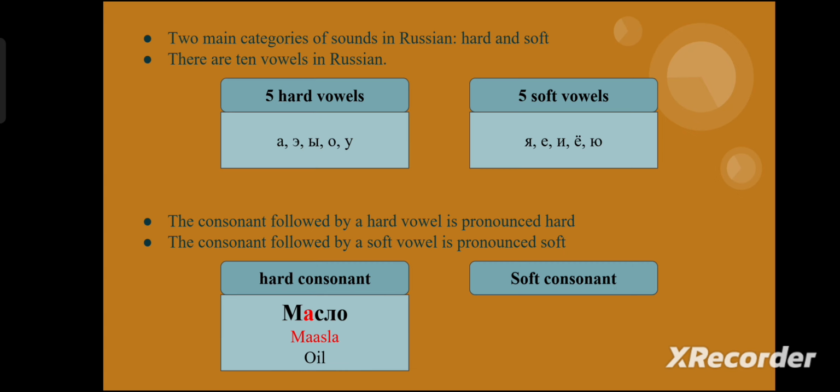Masla, it means oil. Here we have the letter M and after it the hard vowel A. So the consonant M is also pronounced hard. And another example, Myasa. Myasa, it means meat. Here we have the same consonant M, and after this consonant we have Ya. It's a soft vowel. So the consonant M is also pronounced soft. Masla, Myasa.